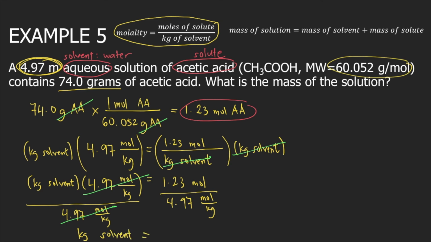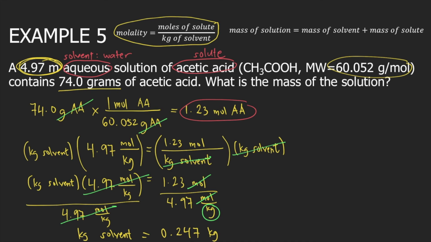And on the right side, moles will cancel and the remaining unit is kilograms. So 1.23 divided by 4.97, this is equal to 0.247 kilograms. So this is the kilograms of solvent.